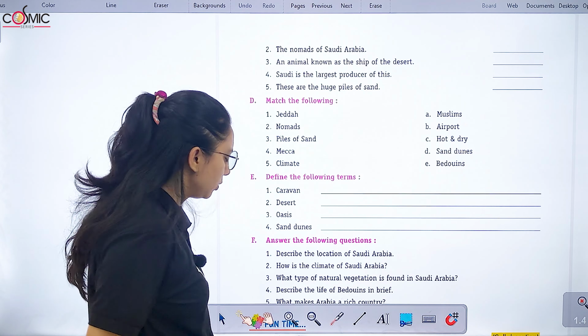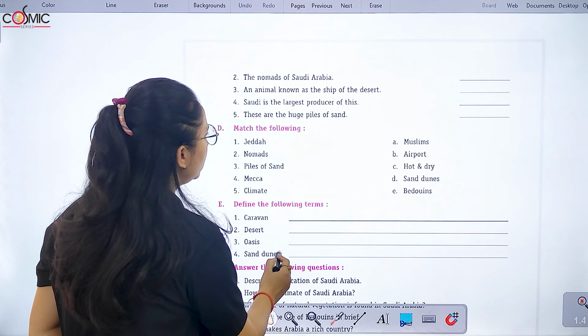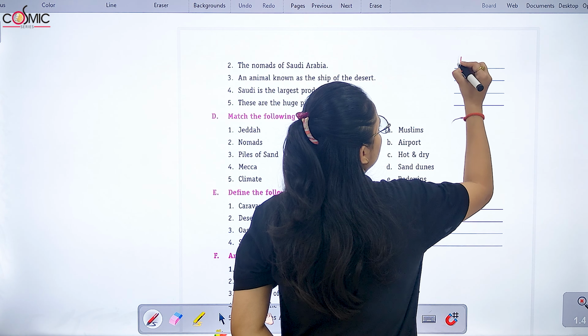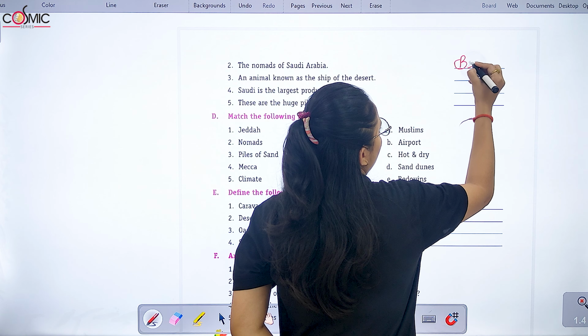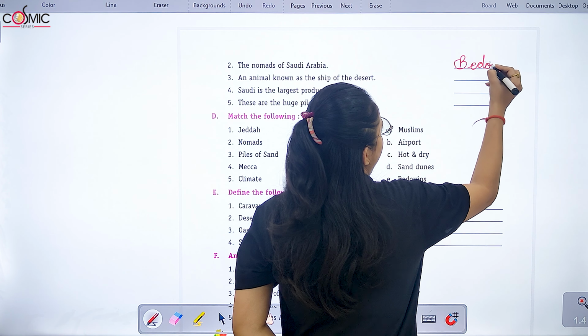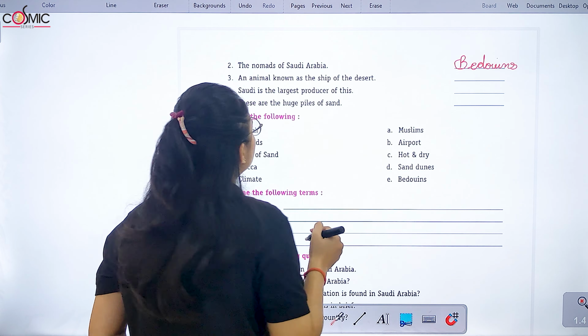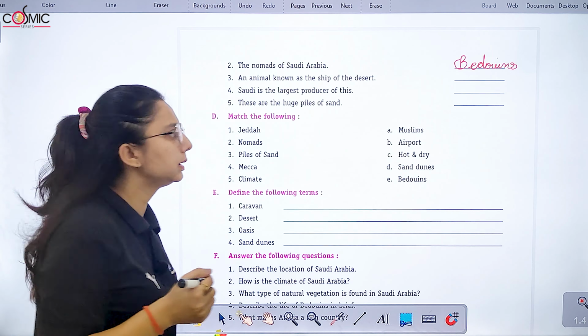The nomads of Saudi Arabia, what do we call them? Bedouins. An animal known as ship of desert, camel.